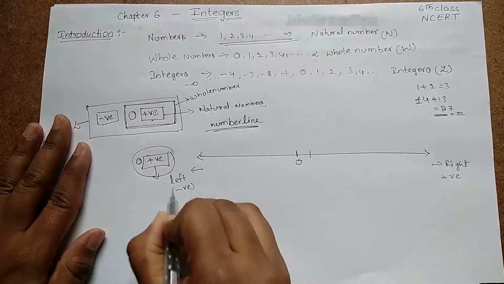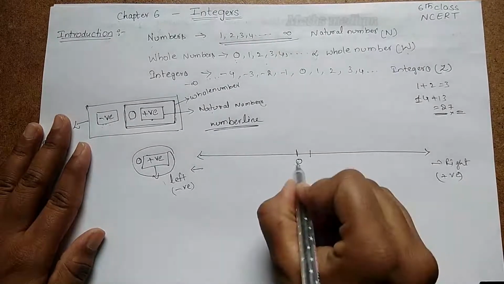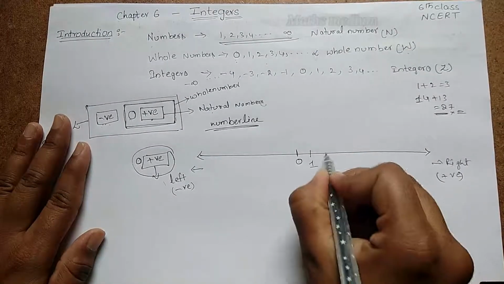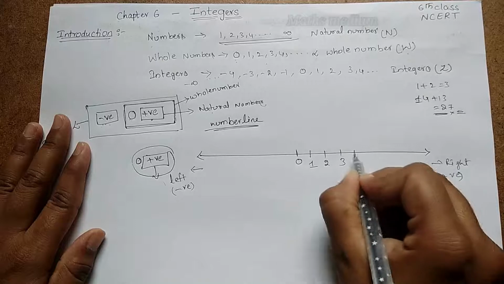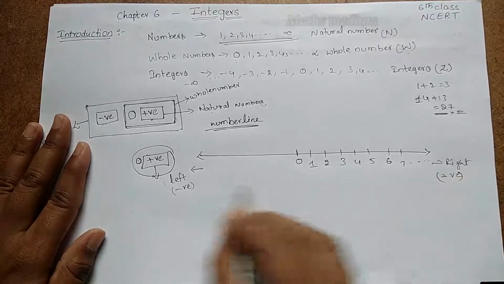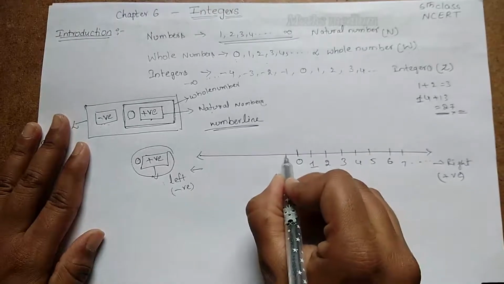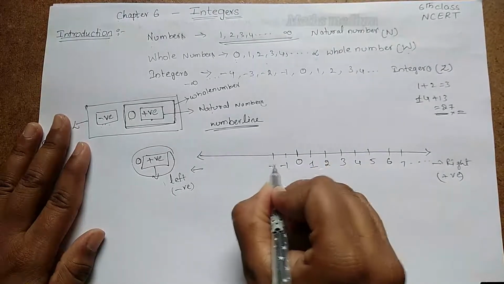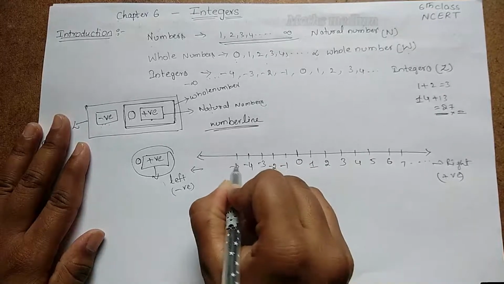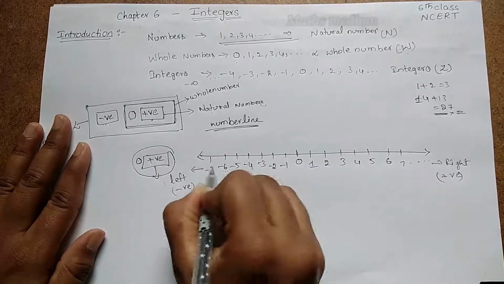So these are negative numbers. See here, this is 0 in the middle of the number line. So let it be 1, 2, 3, 4, 5, 6, 7 and so on. On the left side of the number line, this is minus 1, this is minus 2, minus 3, minus 4, minus 5, minus 6, minus 7 and so on.